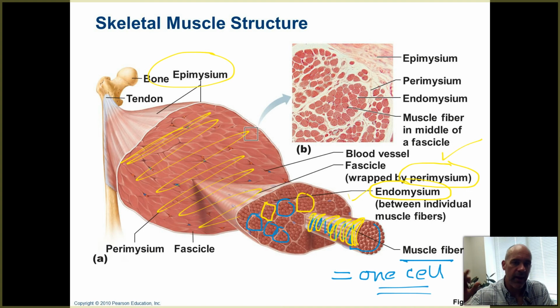So that covering helps provide some insulation against that happening. These connective tissue coverings also provide passageways for blood vessels, as we talked about when we covered the tissues in Unit 2. Connective tissues provide spaces for blood vessels, nerves, and lymphatic vessels to pass through.